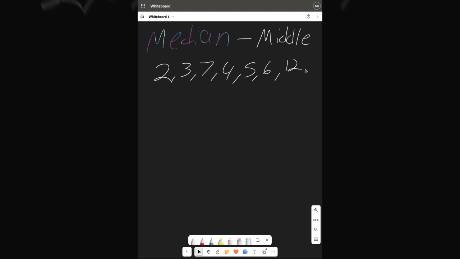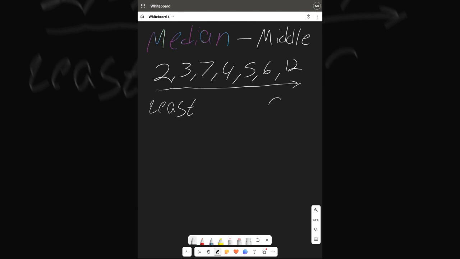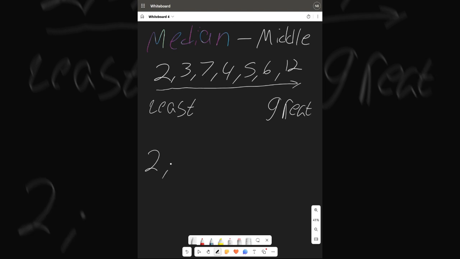The important thing to do about median, though, is to make sure you organize this from least to greatest. It has to be least to greatest. If you do not organize your data set, you are going to get it wrong. 2, 3, 4, 5, 6, 7, 12.